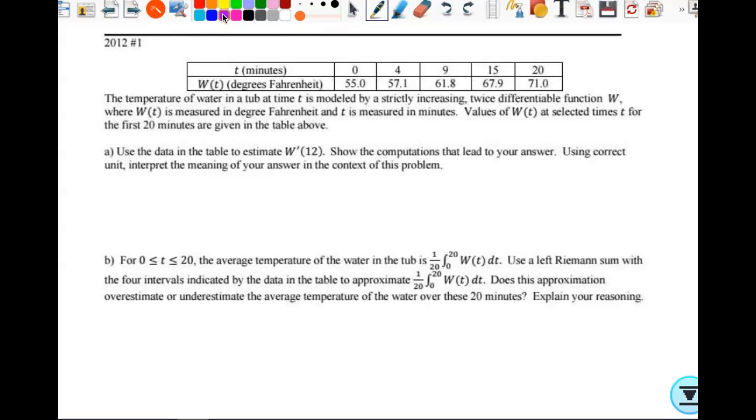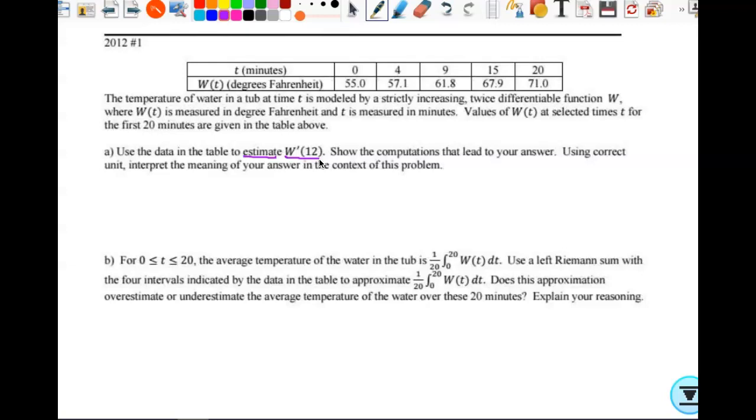All right, so it says use the data in the table to estimate, here's that word estimate again, estimate w prime of 12. Show the computations that lead to your answer using correct units. Interpret the meaning of your answer in the context of the problem. Okay, so we want to estimate w prime of 12 from this table.